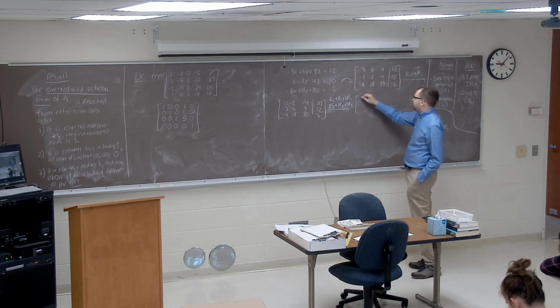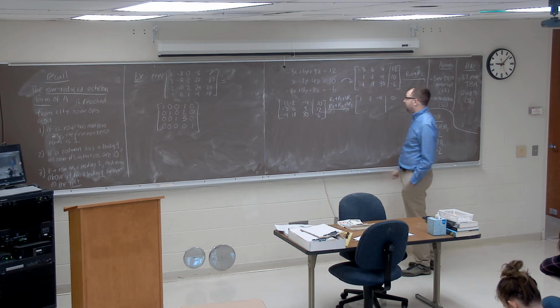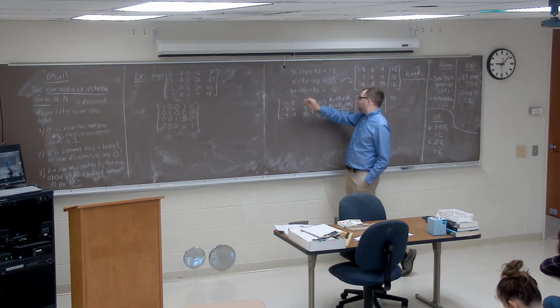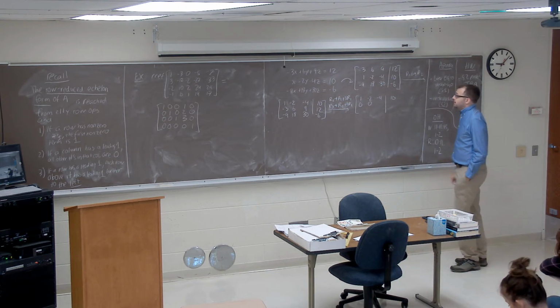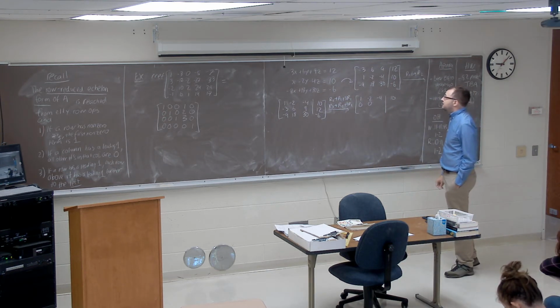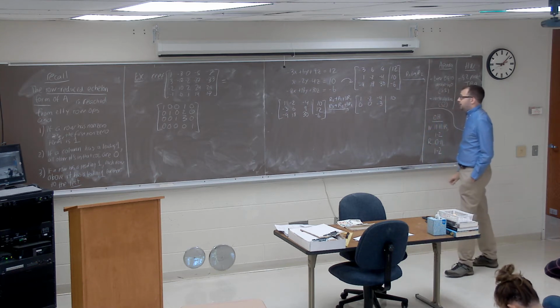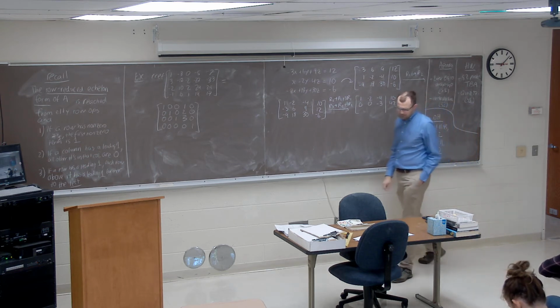So if we do that, first row stays the same. Second row, let's see, negative 3 plus 3 is 0. 6 plus 3 times negative 2 is 0. 9 minus 12 is negative 3. And 12 plus 30 is, I believe, 42.